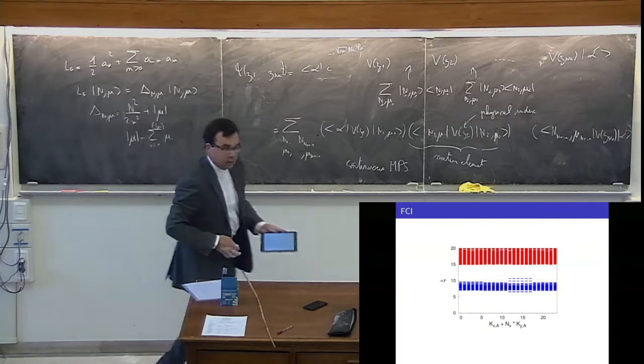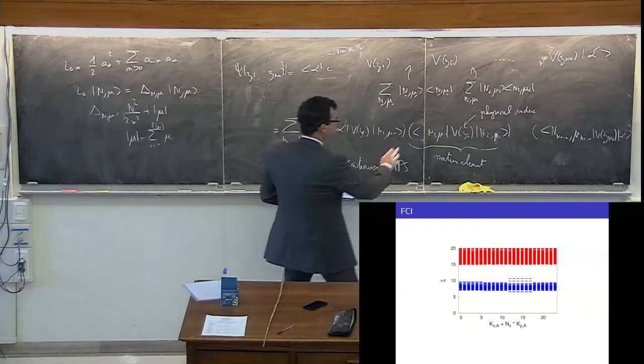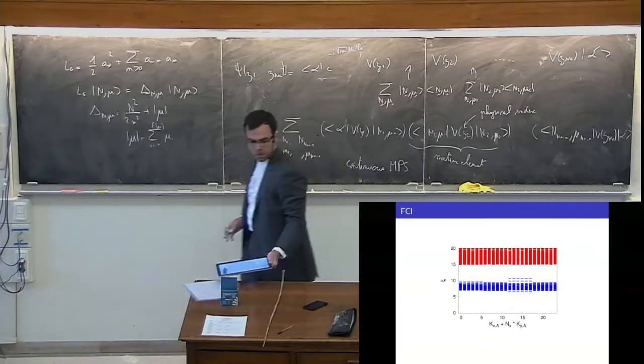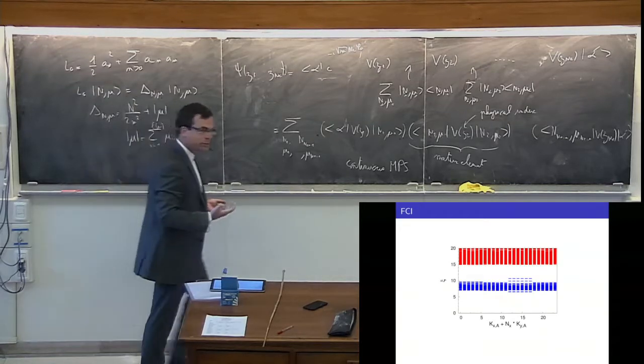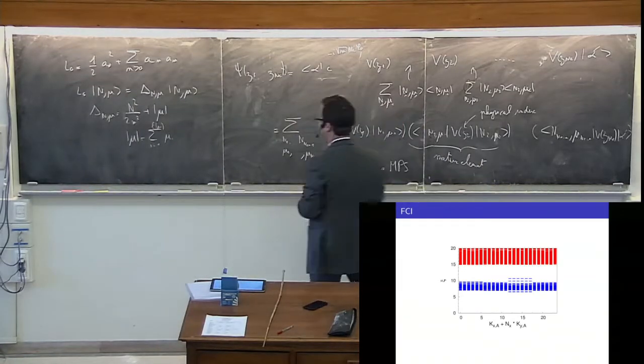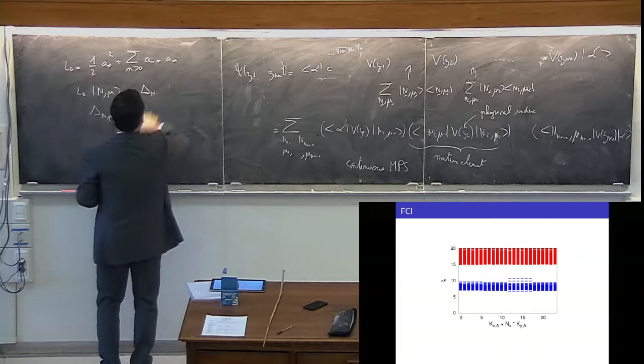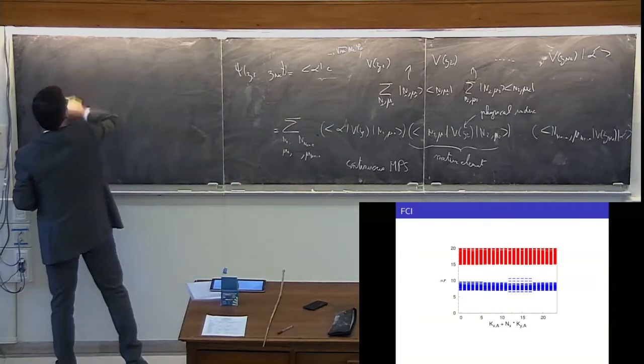And the nice thing is CFT is actually quite useful if you want to compute this matrix element. It's like a 3-point correlation function, so you know exactly how it should behave as a function of z.